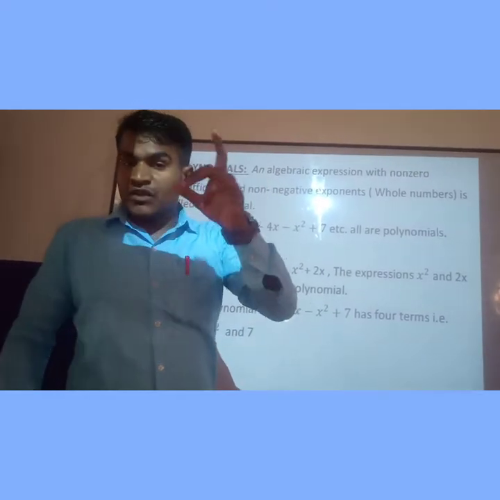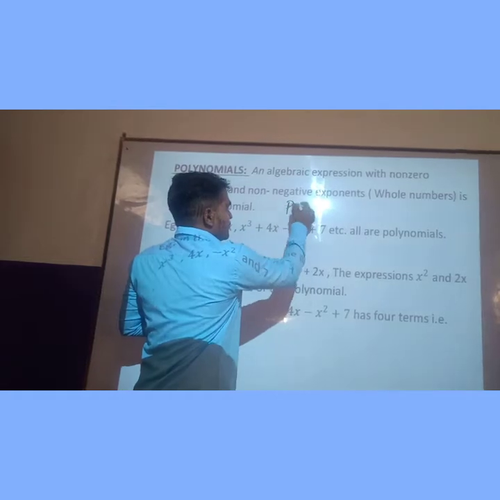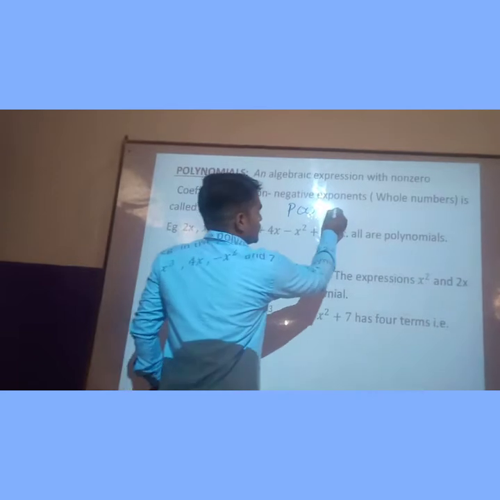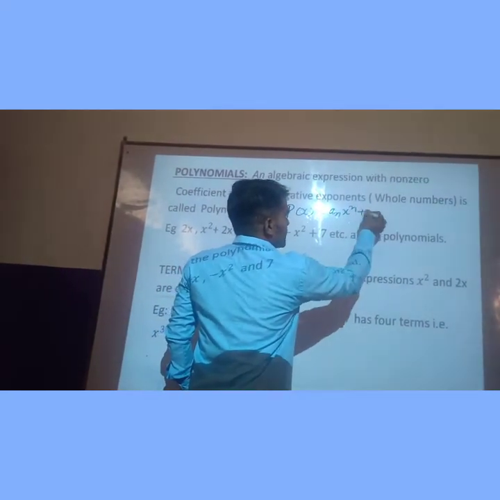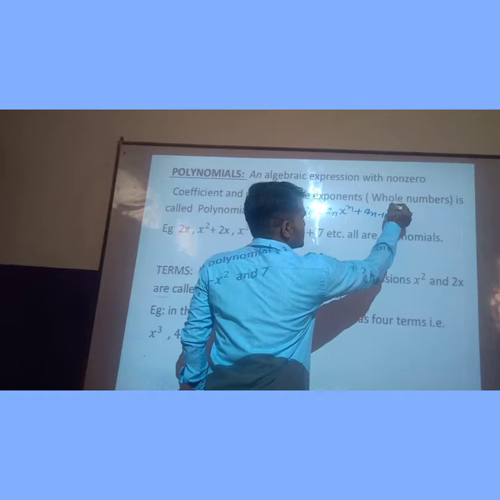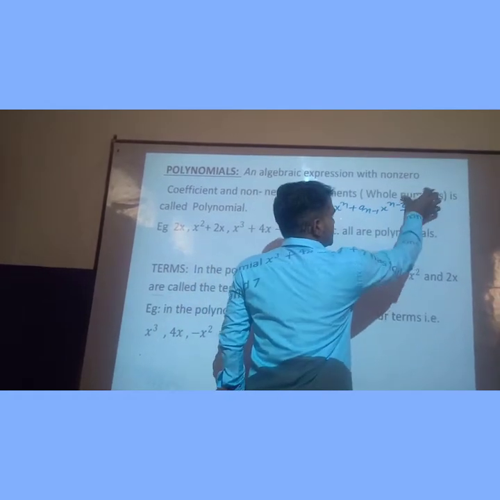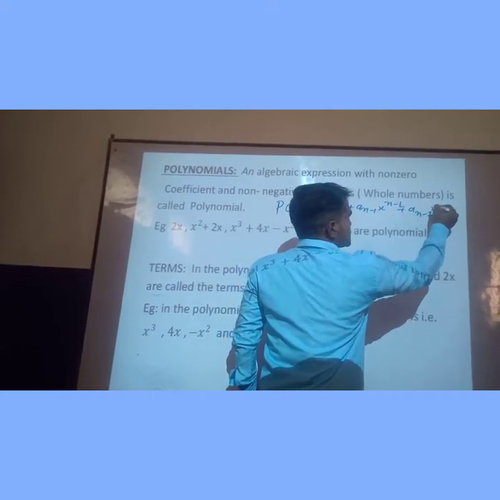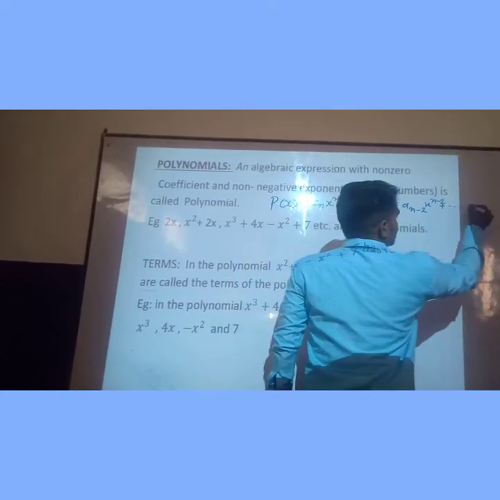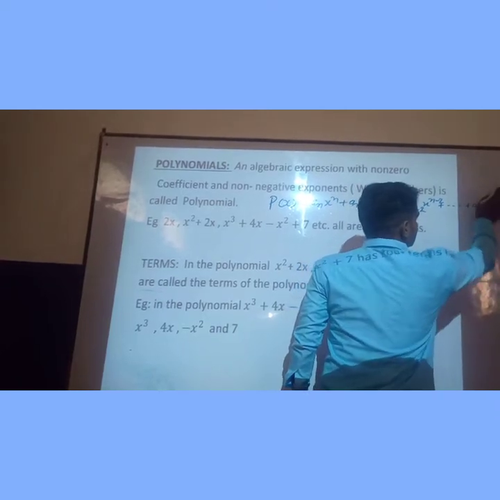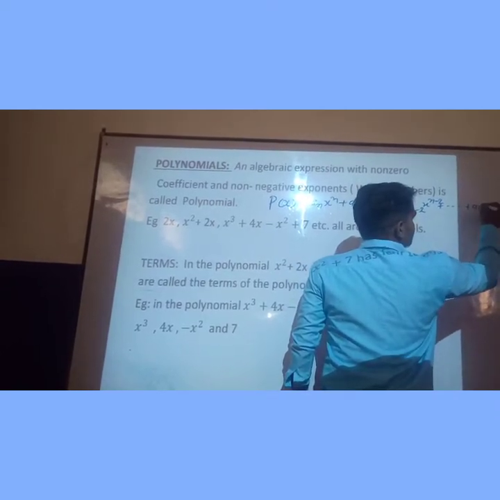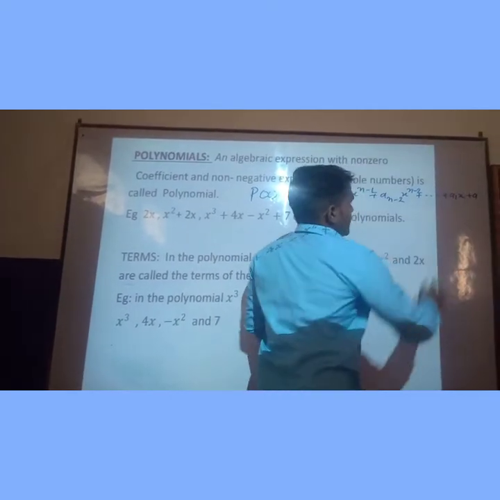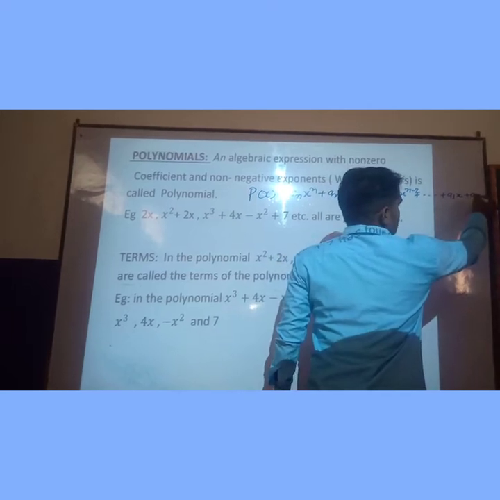In other words, we can say p(x) is an algebraic expression: p(x) = a_n x^n + a_(n-1) x^(n-1) + a_(n-2) x^(n-2) and so on, plus a_1 x plus a_0.